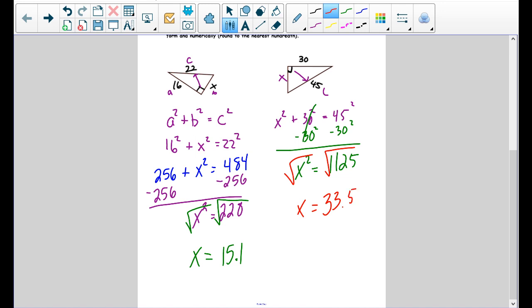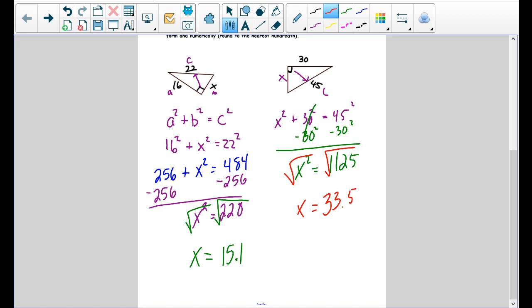And most of these are going to get rounded, because in the first 100 numbers, there are only 10 perfect squares, or perfect square roots. So a lot of these numbers end up getting rounded.